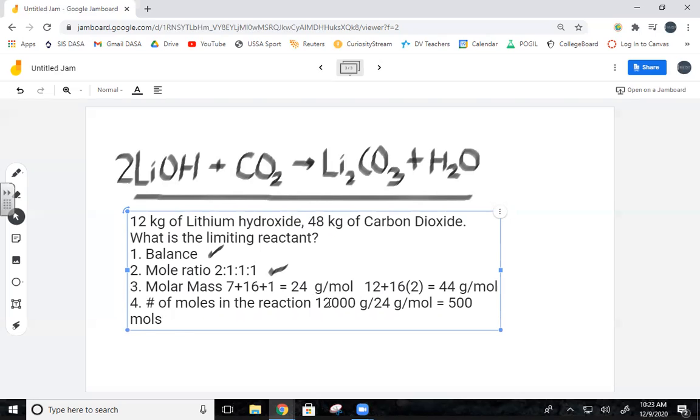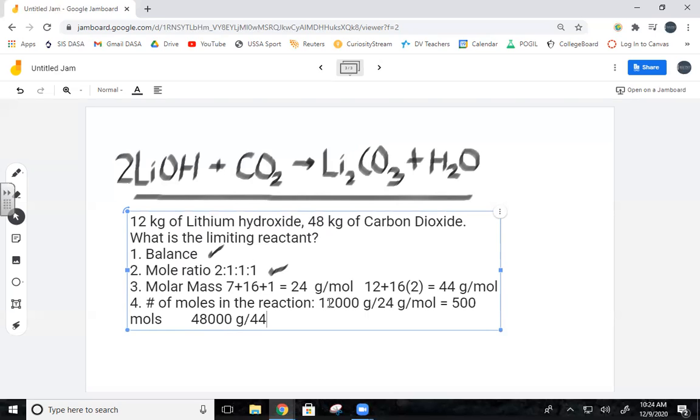Now we need to do the same thing with carbon dioxide. We have 48 kilograms of carbon dioxide, which is equal to how many grams? 48,000 grams of carbon dioxide divided by the molar mass of carbon dioxide, 44 grams per mole. 48,000 divided by 44.